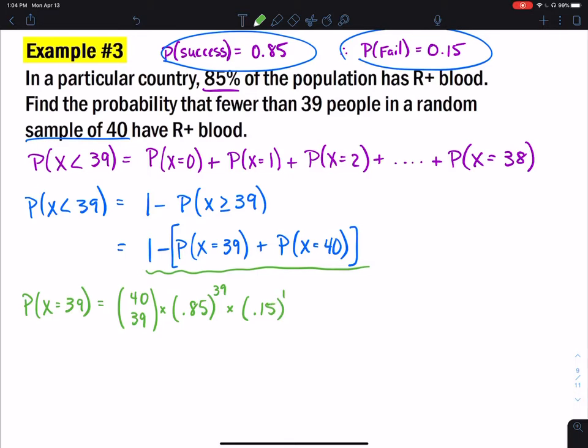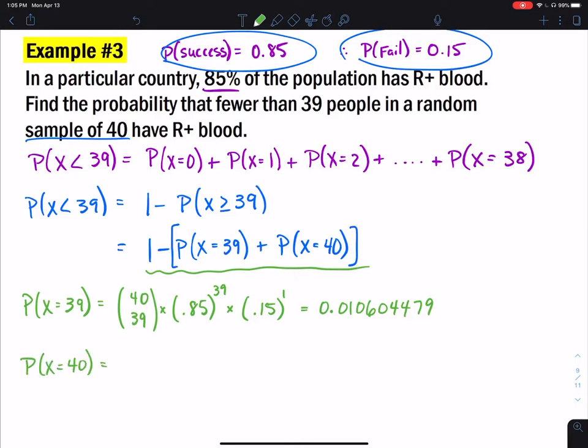And I need to fail once, okay? If you type that into your calculator, you should get this decimal, 0.0106044479.